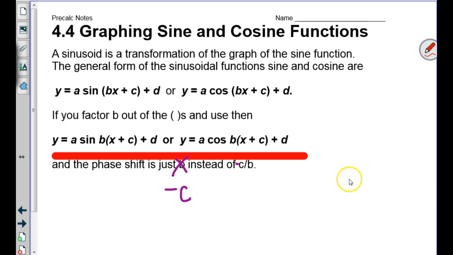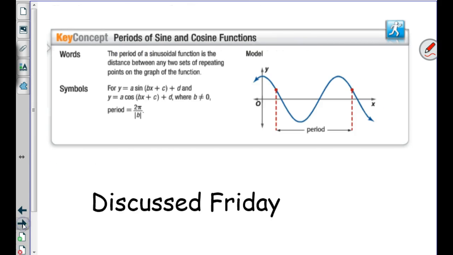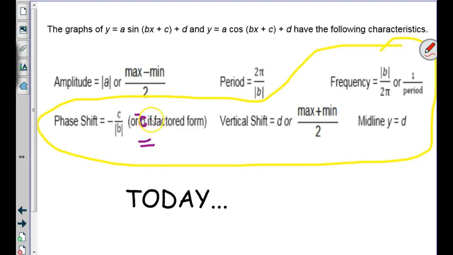We also looked at this slide. By the way, your notes are typed wrong, I think. I don't know if I fixed this on your notes. If we factor out B, then the phase shift is the opposite of C instead of the opposite of C over B. Okay, then let's fix it on this spot.